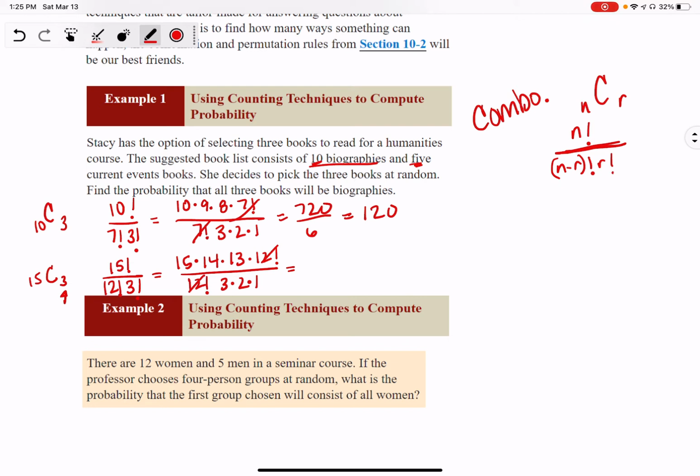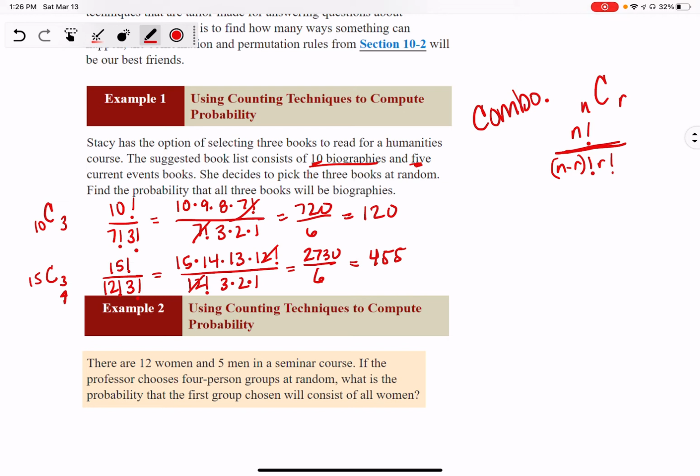Let's get my calculator to recalculate that. 15 times 14 times 13, divided by 6, equals 455. So that's 455 total choices when picking 3 books.